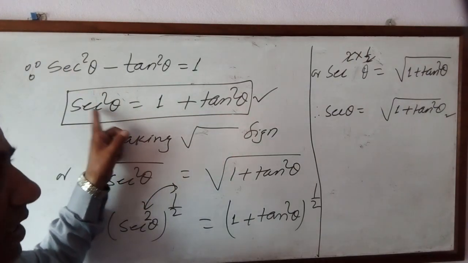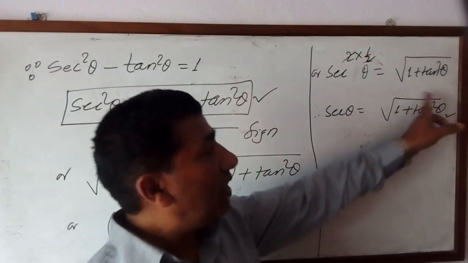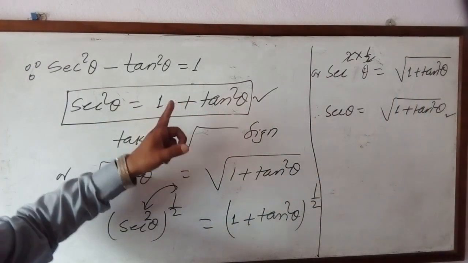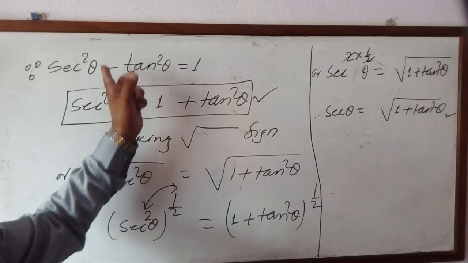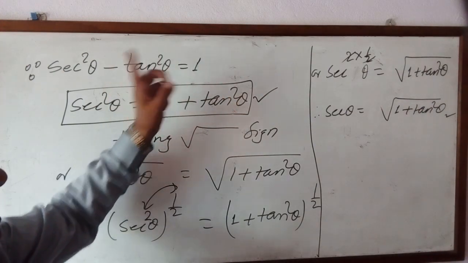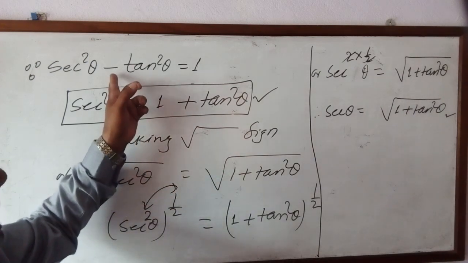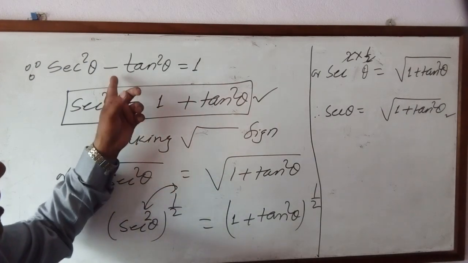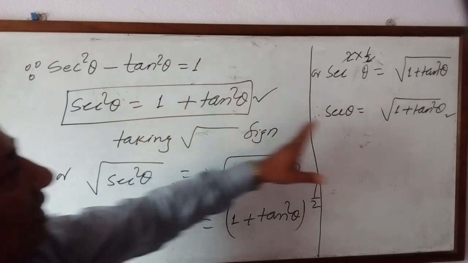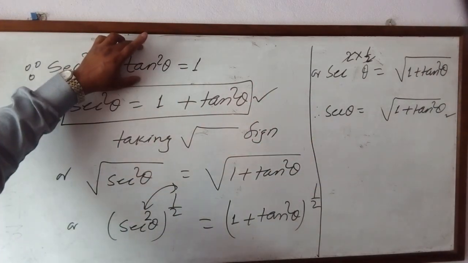If there is no square, then there will be a root sign. Only that is the difference. Now tan square theta, when we bring it this side, we have to change the sign. You know the sign rule of how to solve an equation. Now plus, it will be minus.